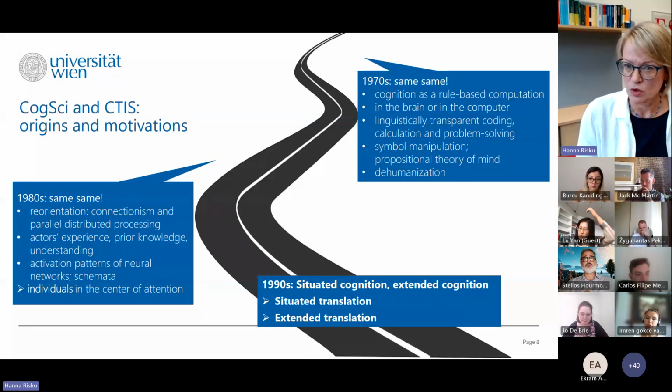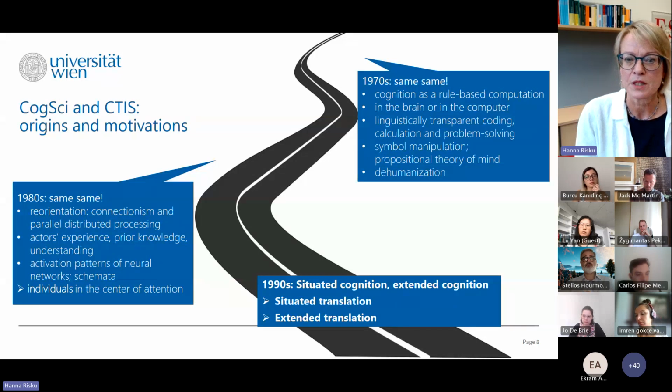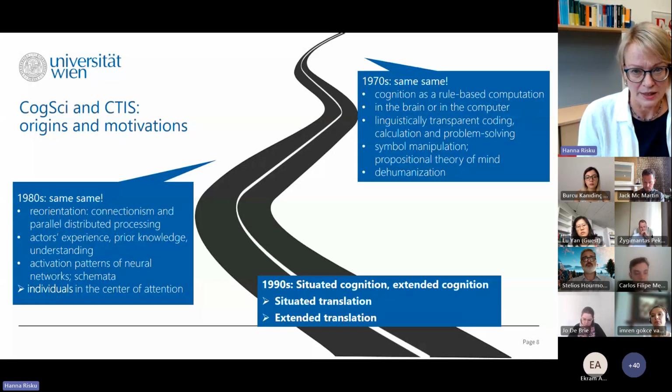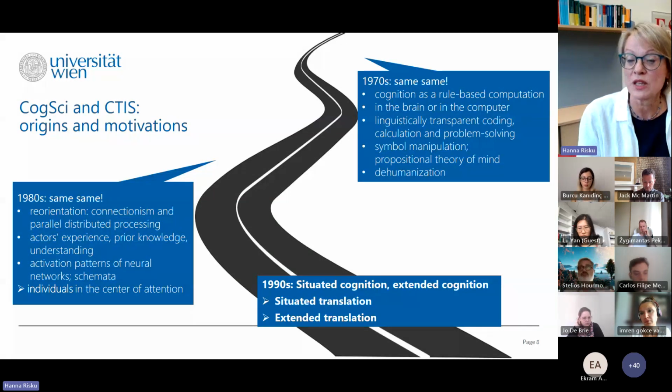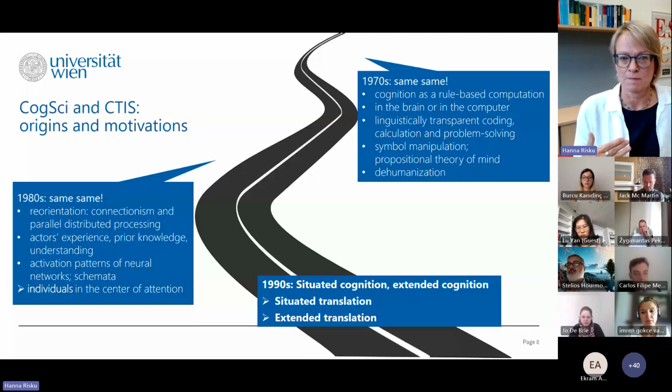So this is the connectionist approach, the parallel distributed processing approach by Rumelhart and McClelland, for example, in the 80s. These new approaches saw the basis for thinking and learning in activation patterns of neural networks in the brain. Experience-based, action-oriented schemata emerged through repeated perceptions and activities and the feedback received in the process.